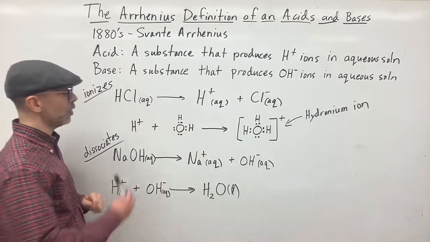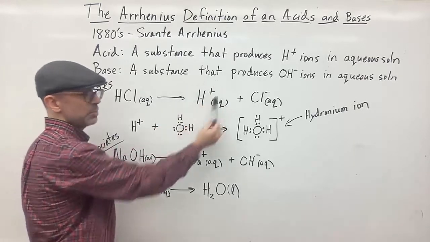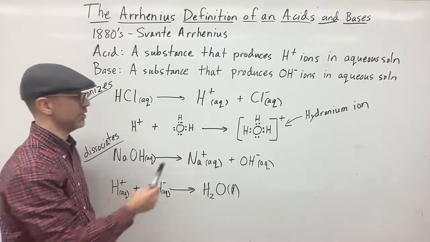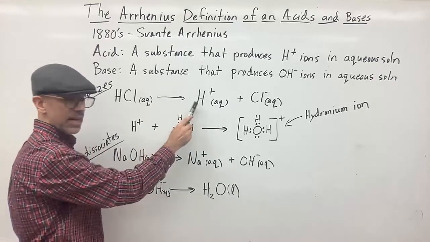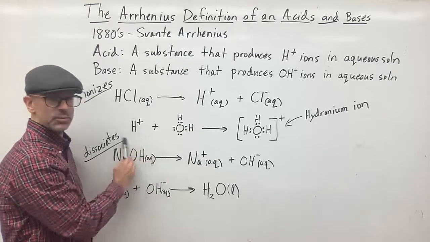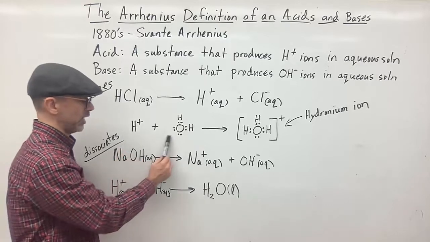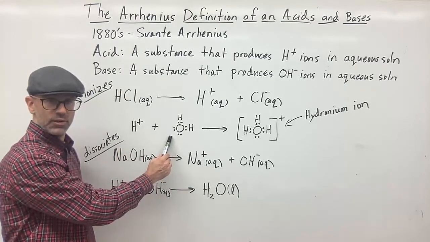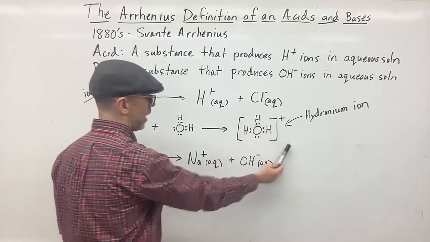Okay. So what happens when you form ions? Well, this H+ is highly reactive. So this H+ will not exist in water as H+. Because the H+ ion is very reactive, it's going to react with the water that's present in the solution, and it's going to form what is called the hydronium ion.